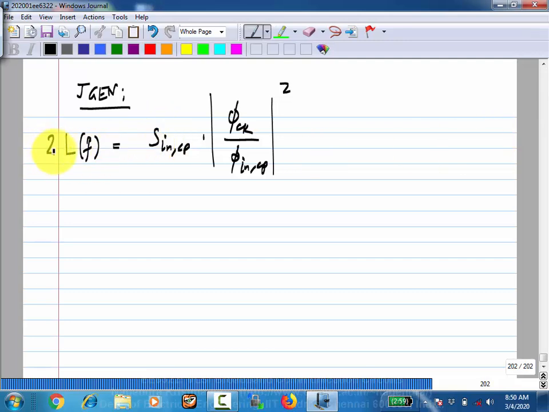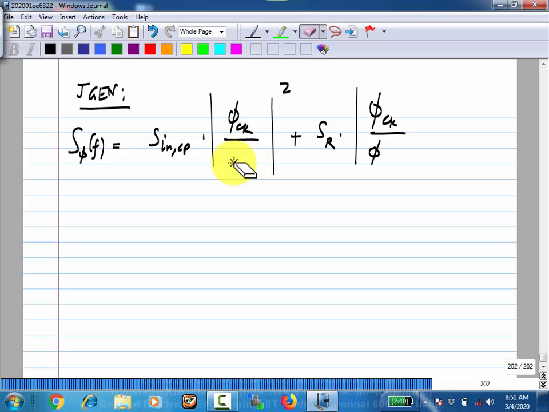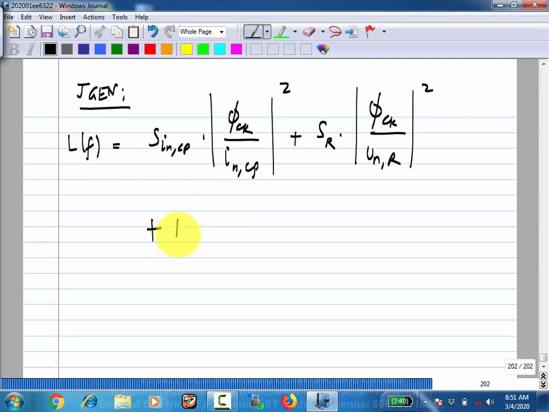This will be 2 times L if you take the single sided spectral densities, or maybe let me say S phi of f, and then you can appropriately calculate the phase noise, plus the spectral density of R, which is the loop filter resistor, times phi ck by, this was just INCP, this is VNR square, plus the phase noise of the VCO times phi ck by phi n VCO square.